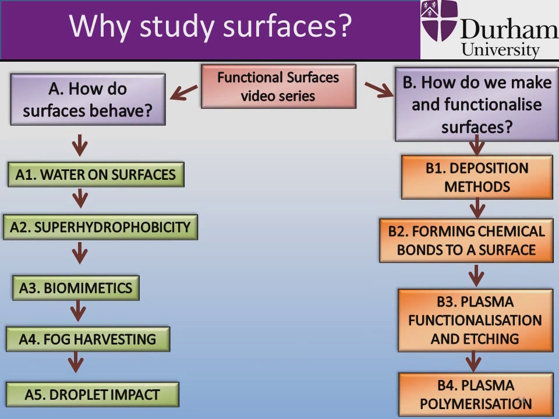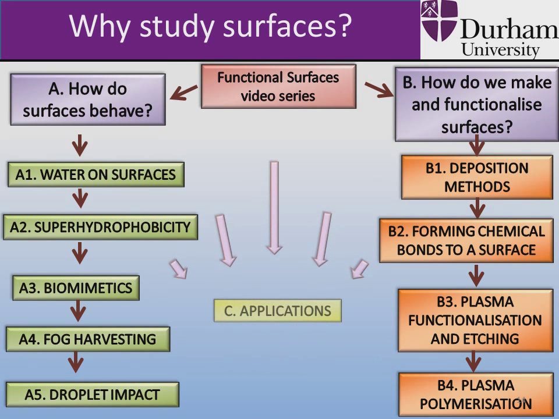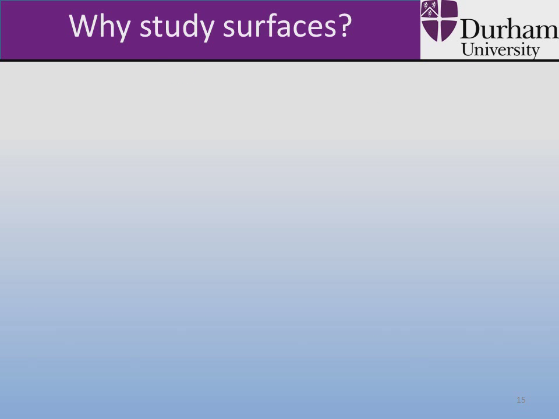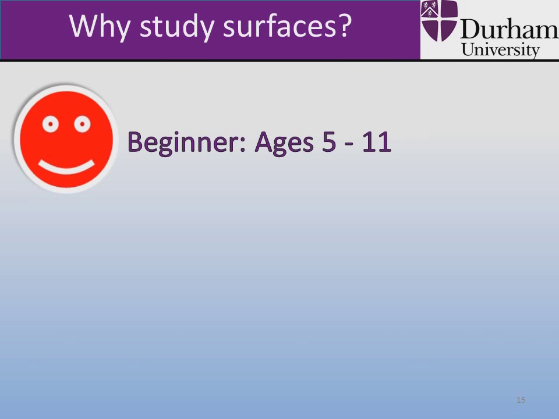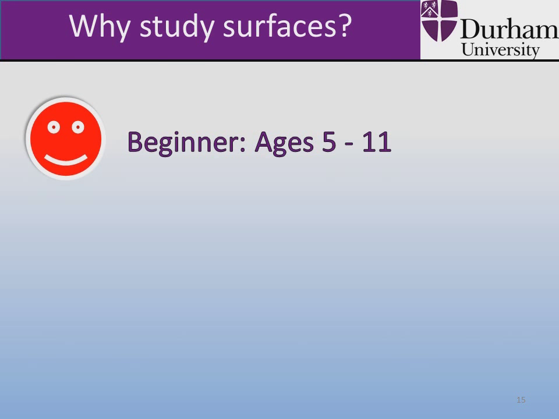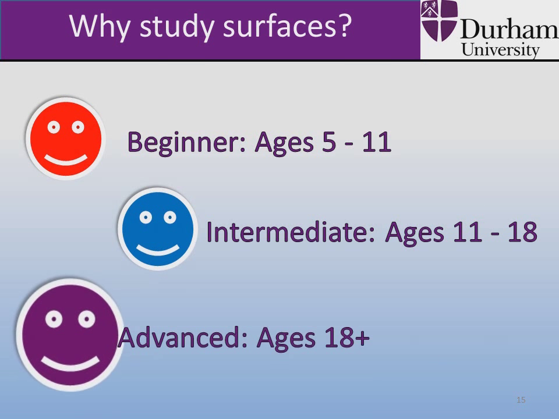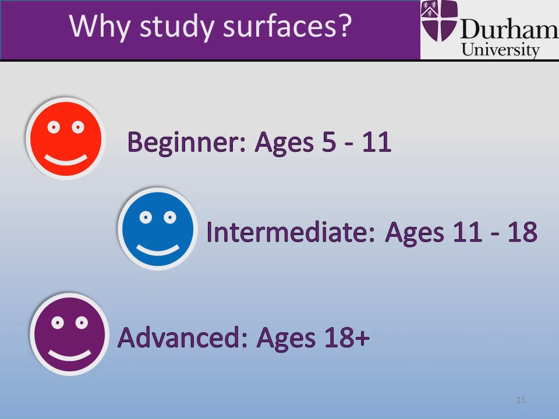Then we will look into how these functionalization methods and surface properties are being used in real-life applications and in research and development. The tutorials are split into 3 levels of understanding: beginner for ages 5 to 11, intermediate for ages 11 to 18, and advanced for ages 18 and above, although sometimes videos may be appropriate for more than one age group.